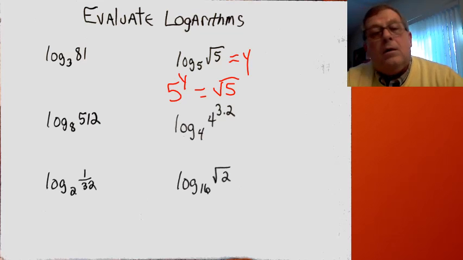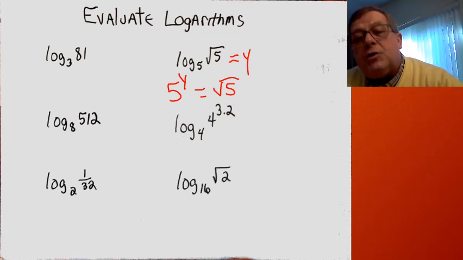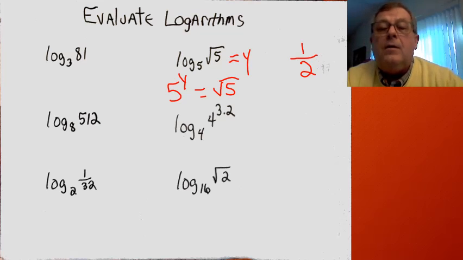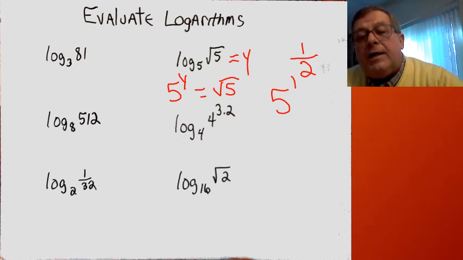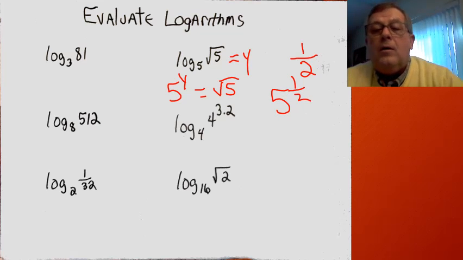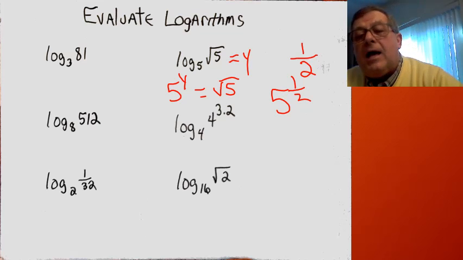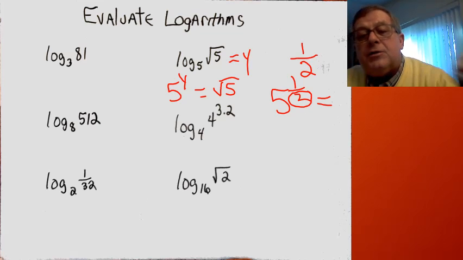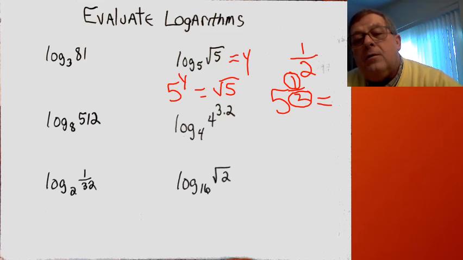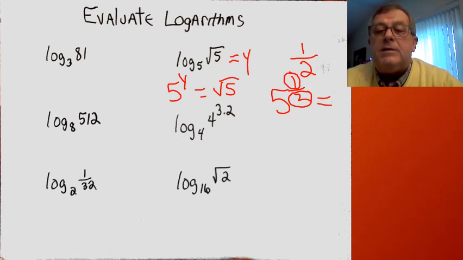Well, under my law of exponents, you may remember that if I have a rational exponent, and in this case, let's say 1/2. So if I've got 5 raised to the 1/2 power, remember, in this rational, what's in the denominator is the root, and what's in the numerator is the power it's raised to.